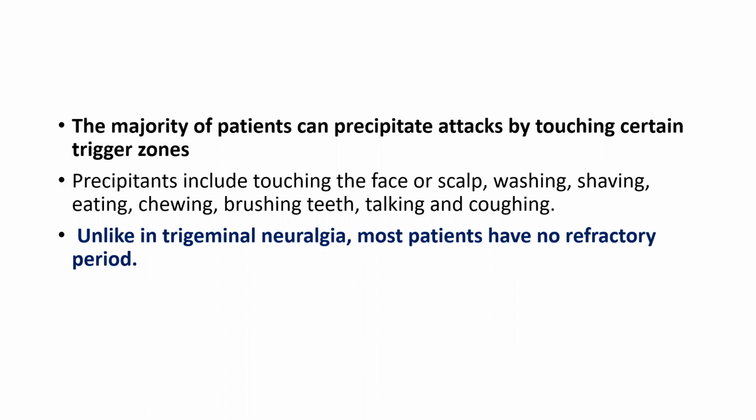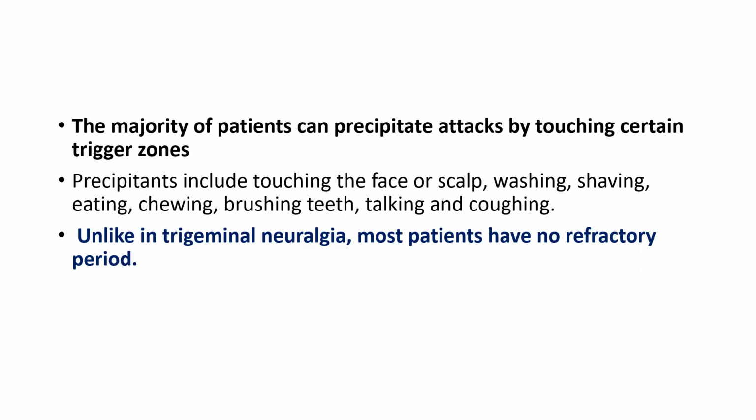Trigeminal neuralgia is not a primary headache. But regarding the trigeminal autonomic cephalalgias, the headache can be exacerbated by merely touching the face. So that is an important similarity of trigeminal neuralgia with SUNCT and SUNA.